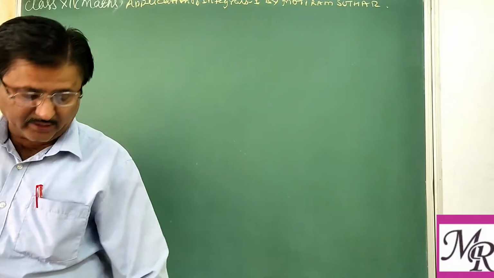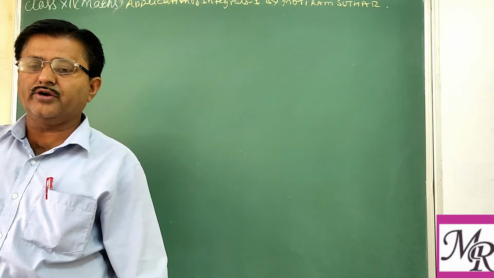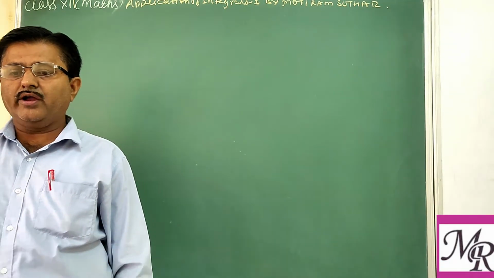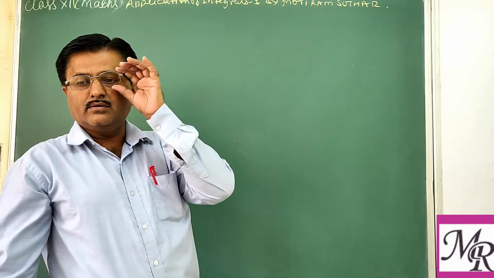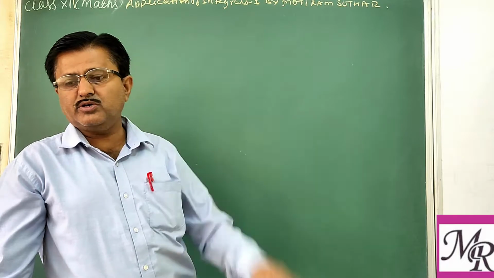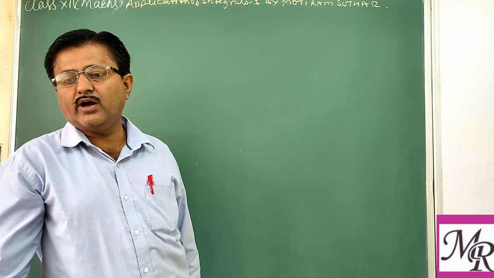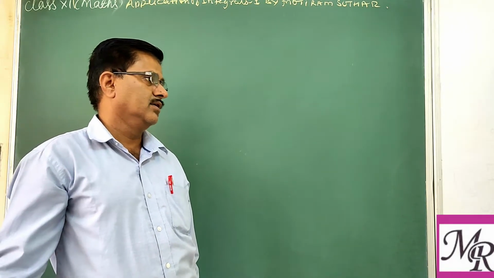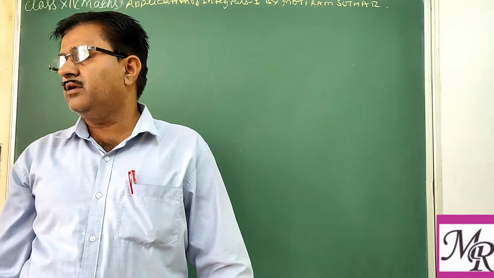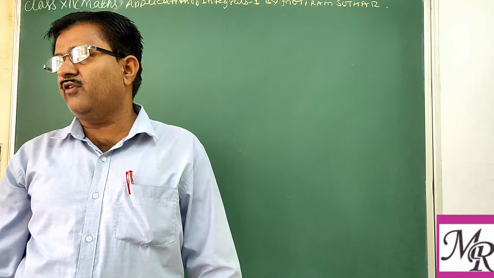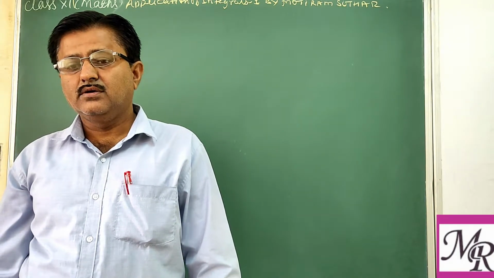So in geometry, in our classes you already know how to find the area of geometrical figures that have a specific pattern, like the rectangle, circle, triangle, quadrilateral. We may use different formulas. Clear?